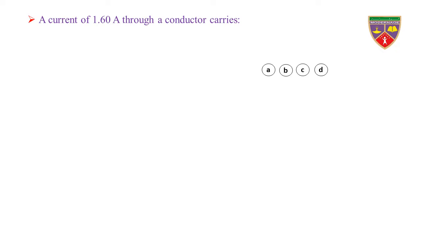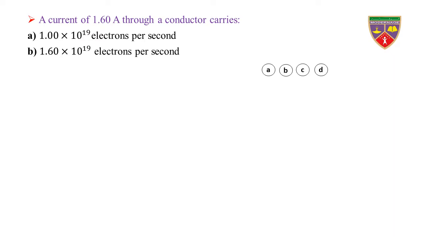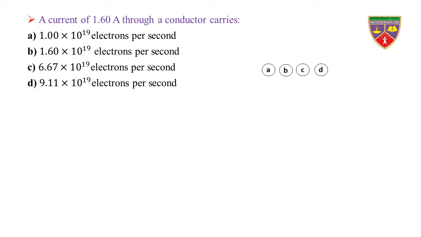A current of 1.60 ampere through a conductor carries: option A, 1.00 into 10 power 19 electrons per second; B, 1.6 into 10 power 19 electrons per second; C, 6.67 into 10 power 19 electrons per second; option D, 9.11 into 10 power 19 electrons per second.